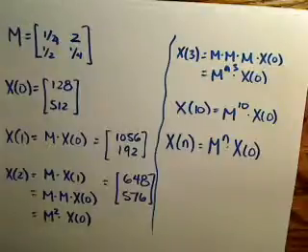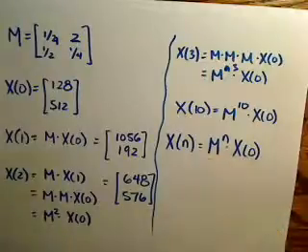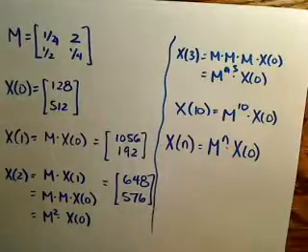And this is what makes Leslie matrices and these Markov models work: you can compute whatever power you want, which can be done relatively rapidly to figure out what's going to happen in the future.